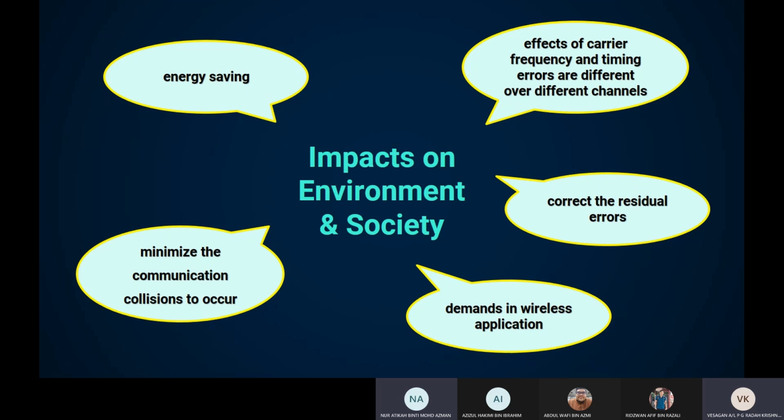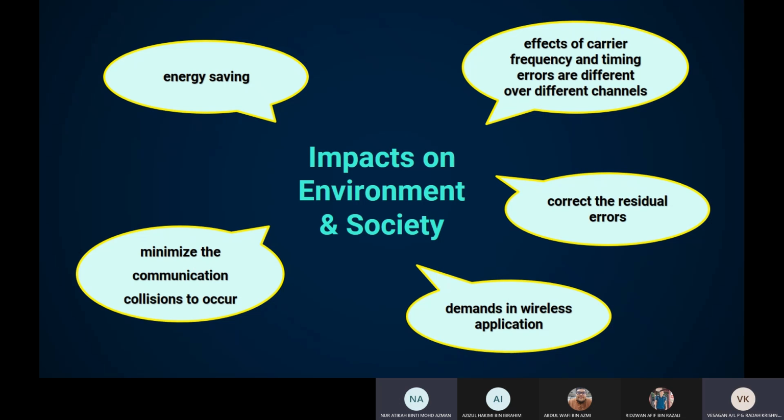For society, there are demands in wireless applications such as digital audio broadcasting, DAB, and wireless LAN, where there is a need for higher performance and acceptable reception quality. In an application like wireless LAN, coarse synchronization may be sufficient, while in digital video broadcasting, fine synchronization is necessary to correct the residual errors after coarse synchronization.